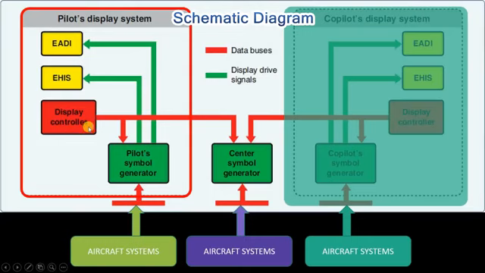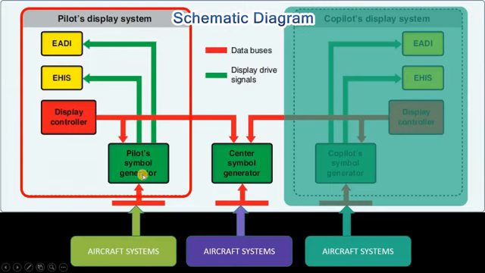These display controllers control the display of the EADI and the EHSI. So different aircraft systems provide their information to the symbol generator, and later on we will discuss these symbol generators. These symbol generators provide the information to the EADI and the EHSI.